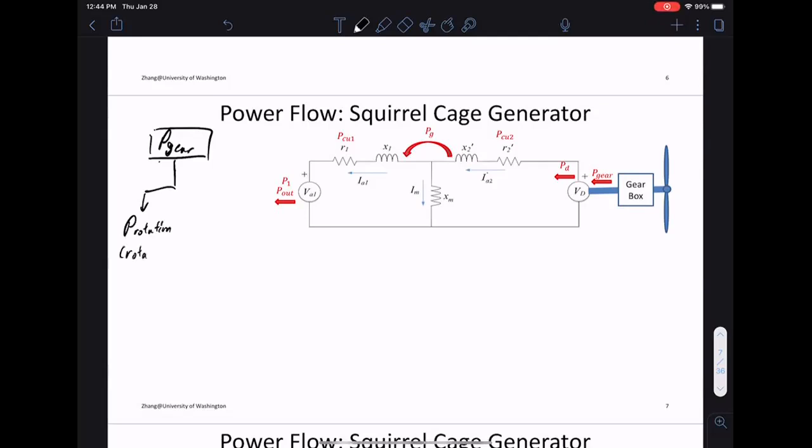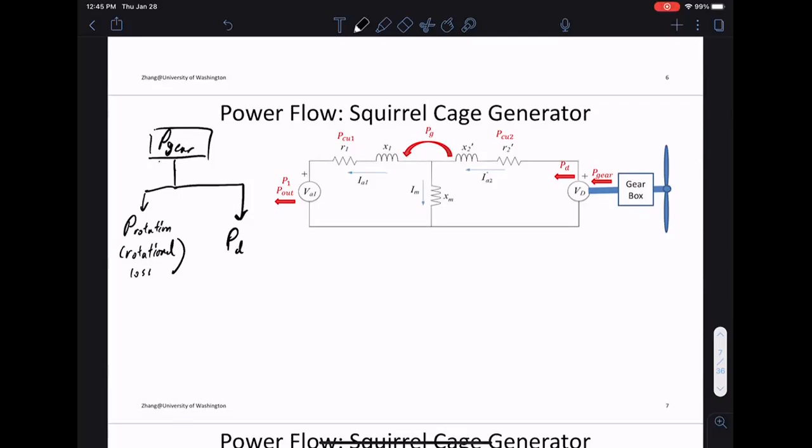This is the rotational loss. This is just the power you lose because you have a rotating mechanical mass. So this is the loss in mechanical power. The rest, the useful part that's not lost, is PD. This is the developed power.